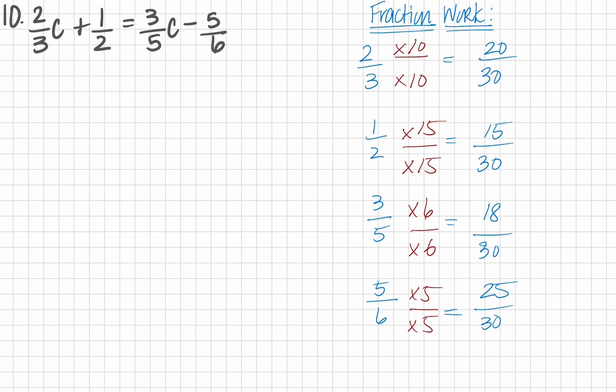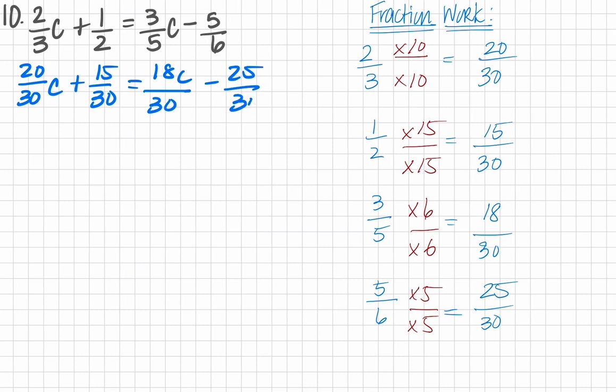So 2 over 3c is now 20 over 30c plus 1/2 is now 15 over 30 equals 3/5 c, which is now 18 over 30 c minus 5 over 6, which is minus 25 over 30.